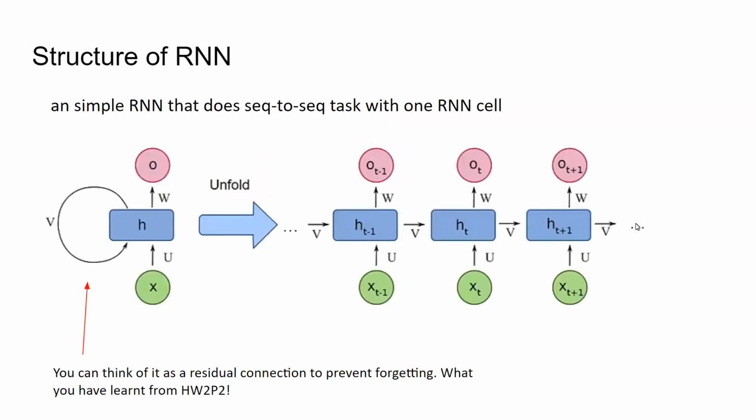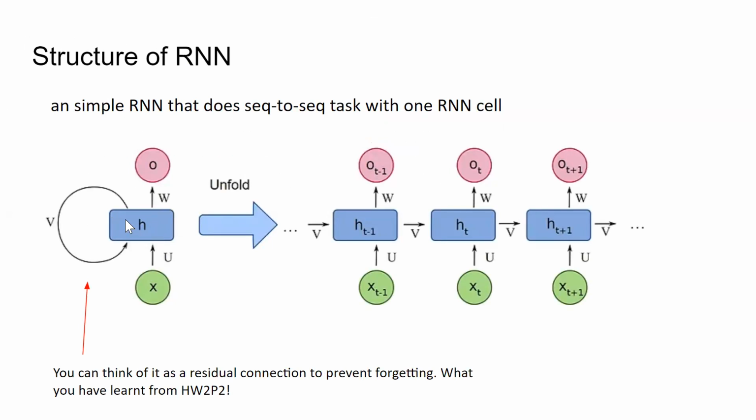So, let's first talk about the structure of an RNN. If you can see here, an RNN cell, X is the input and H is the memory.